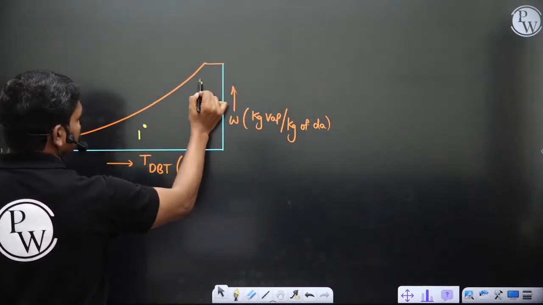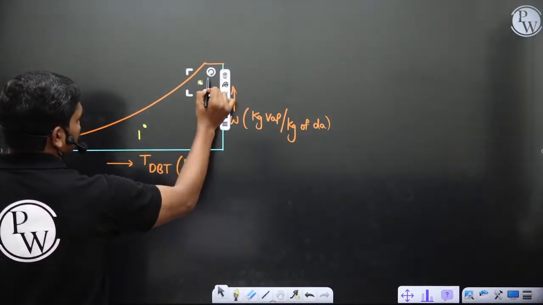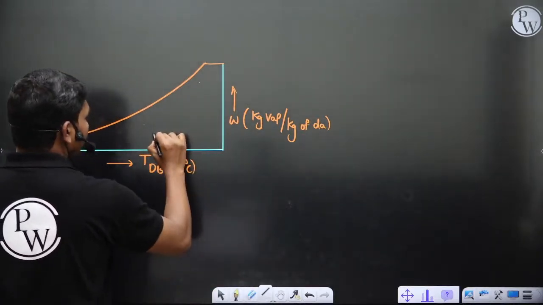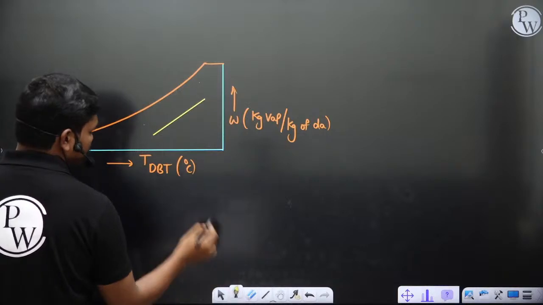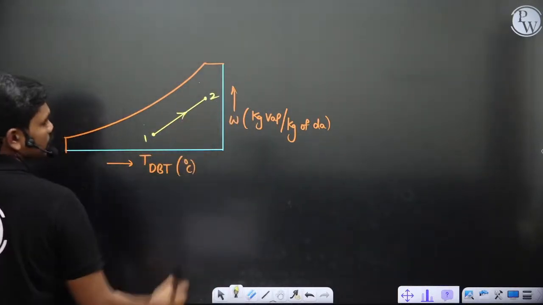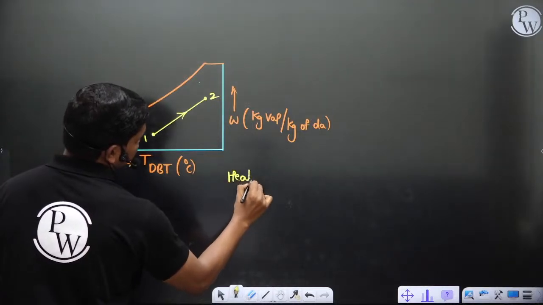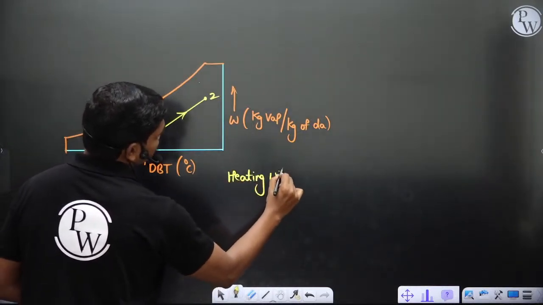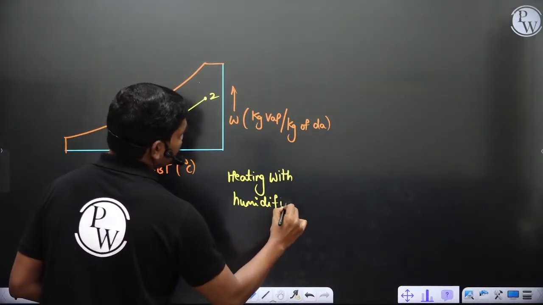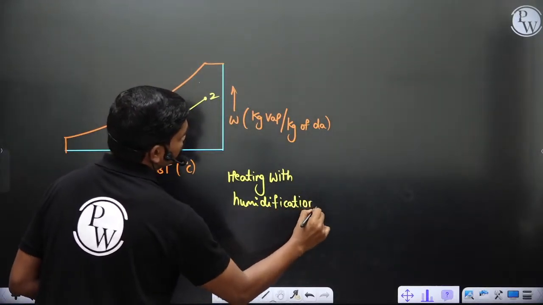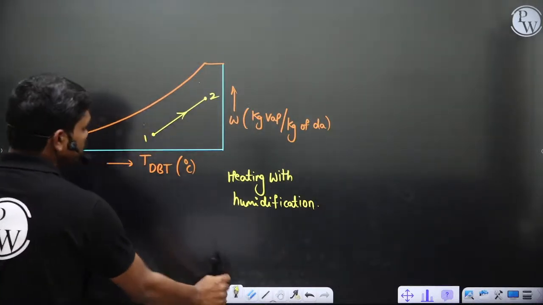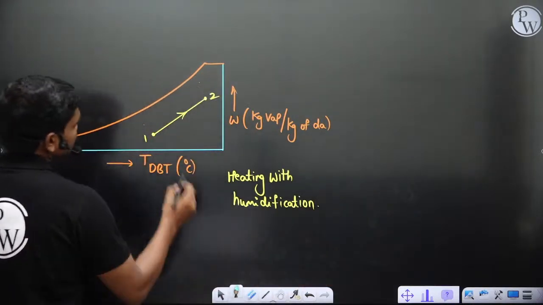So if you have this as the line of heating with humidification, from point 1 to point 2, then this is heating with humidification. Okay, understood. Good.